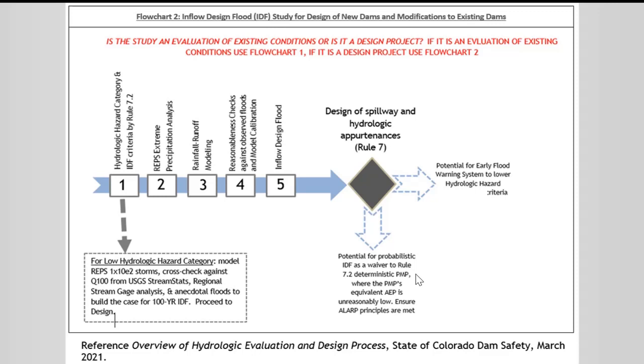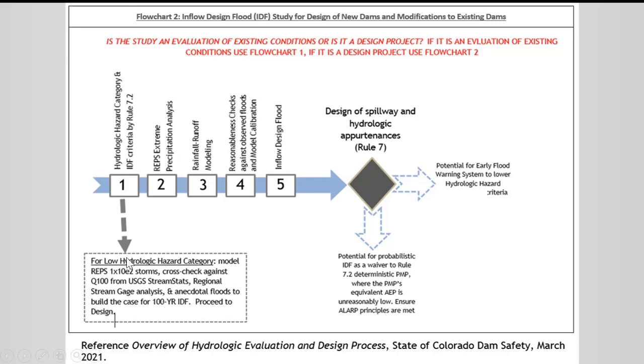And if we are way beyond that, what we say is that PMP may be far in exceedance of likelihoods or risks of concern for dam safety. So what we have done is that we have the possibility, in that case, of granting a state engineer approved waiver to the PMP IDF criteria and substituting a lower risk-based IDF criteria.